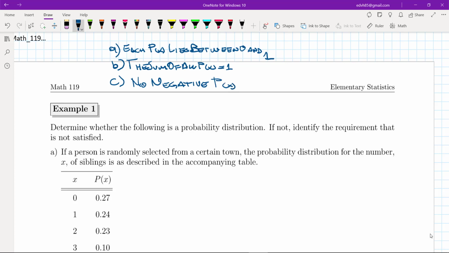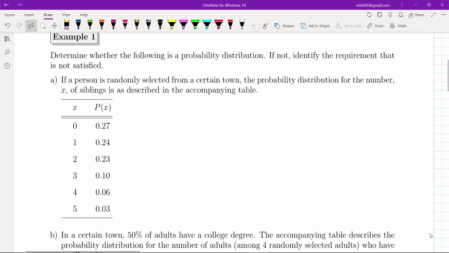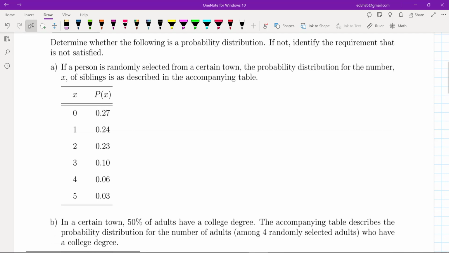And that basically comes from here, because the probabilities lie between 0 and 1. All right, letter D. Well, not letter D, never mind.